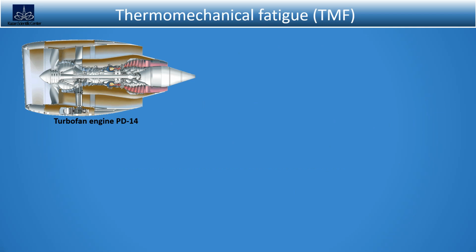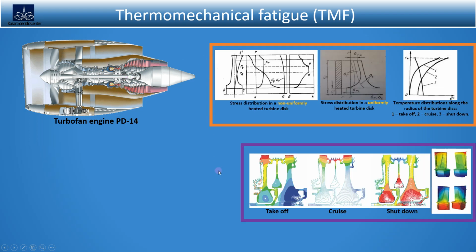The air temperature at the compressor outlet is comparable to the temperature in the disk of the first stage of the turbine. At the same time, in the process of starting and shutdown, loading occurs non-isothermally. It stands to reason that it is important to take into account the thermal condition of the component during operation.